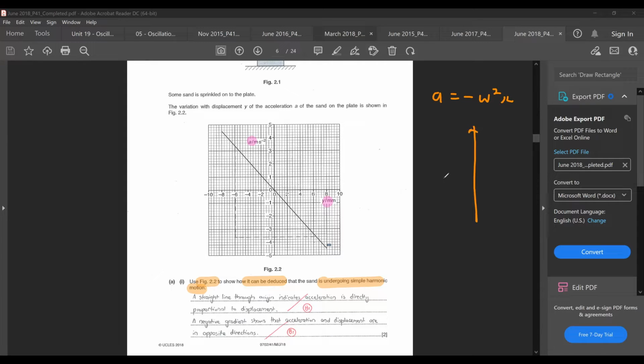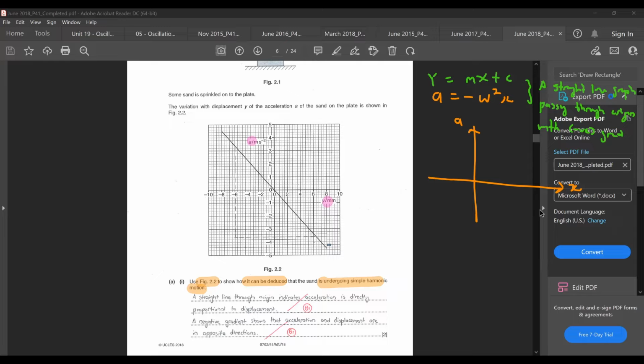If you plot a graph of, say, a versus x, after comparing it to y equals mx plus c, you should get, number one, a straight line graph passing through origin with negative gradient.